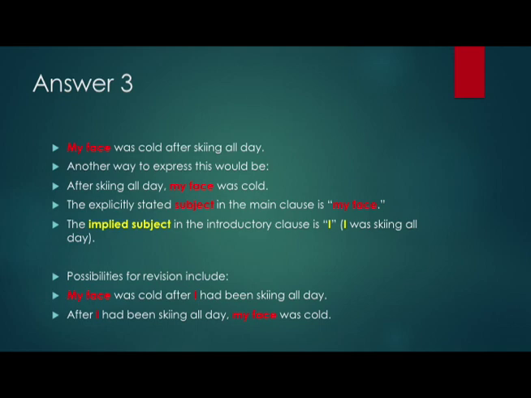So we could say my face was cold after I had been skiing all day, or if we switch it around, after I had been skiing all day, my face was cold. So again, because we are combining those two events in the past into one sentence, the skiing all day, the subsequent phase being cold, we have to express this skiing all day, which was in the further past, in past perfect.